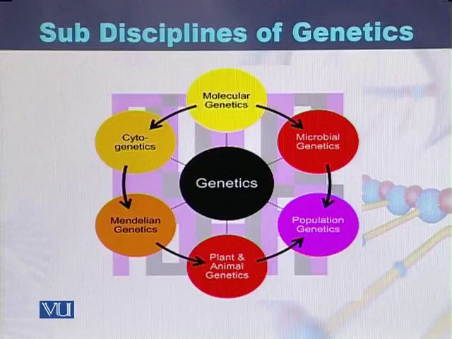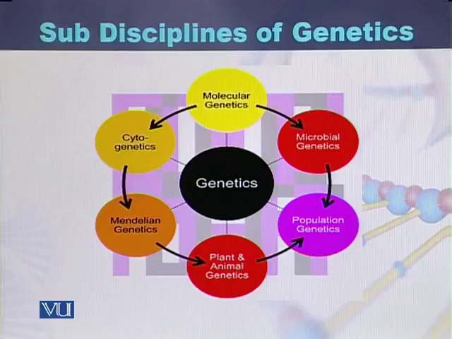If we study the banding pattern of the chromosomes, then this branch of genetics is called cytogenetics. While in Mendelian genetics, one studies all those laws that were developed by Gregor Mendel, the laws of heredity, which come under the heading of Mendelian genetics.